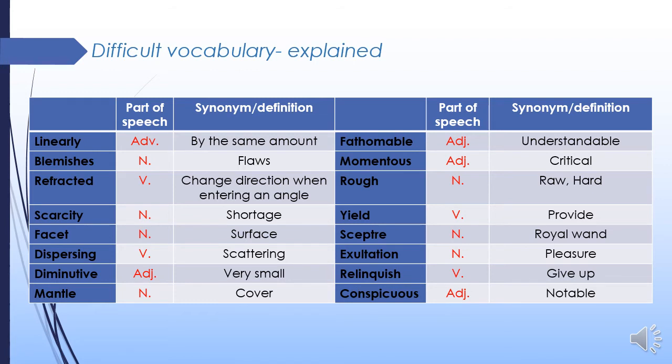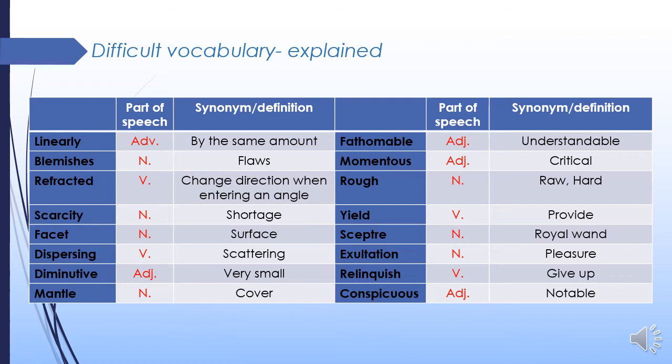A mantle, the mantle of the earth, is a noun and it means cover or surface. Fathomable is an adjective and it means comprehensible or understandable. Momentous is an adjective and it means critical, of great importance.